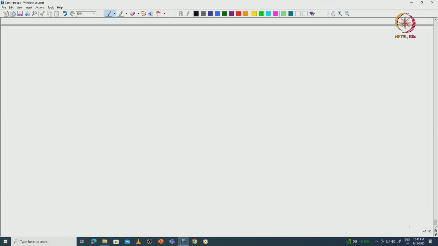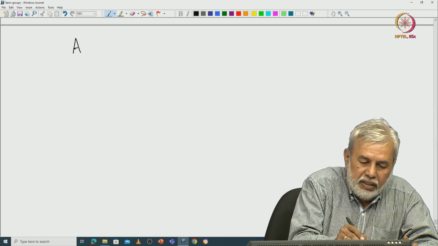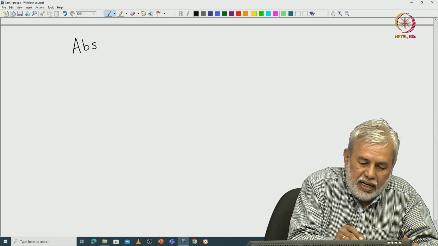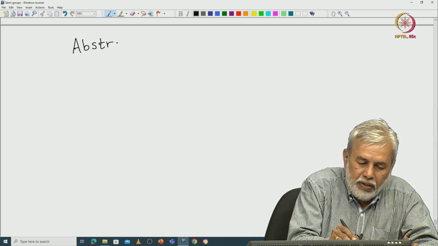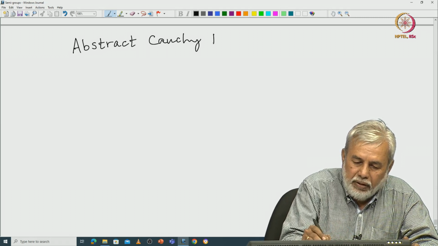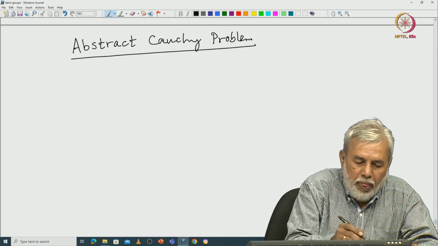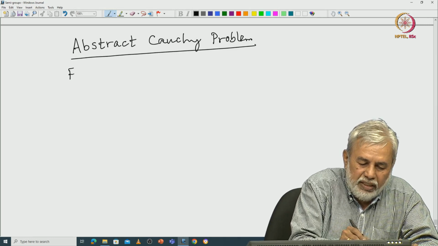So with that little digression, now we go to the abstract Cauchy problem in a Banach space. Okay. So first let me consider this first order equation.